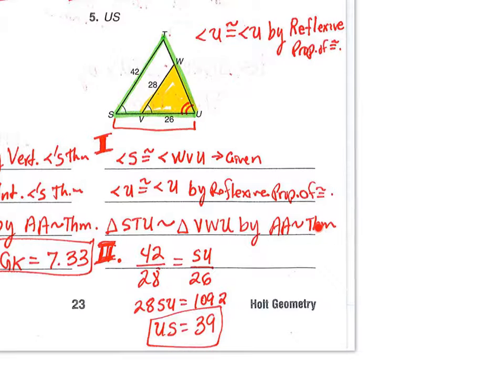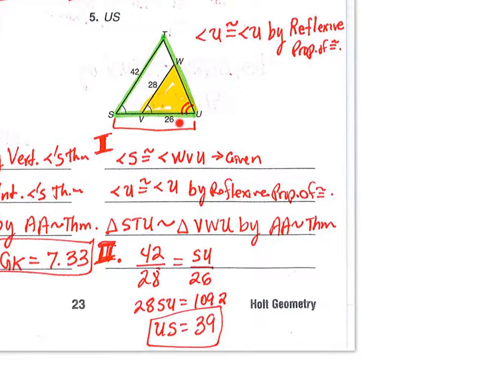Once I prove that the triangles are similar, then I can go ahead and move to item number 2. And now the second part, I'm getting the 42. This is the long side, 42, is to 28, this side over here, because it's right next to the angle, so this is to this.